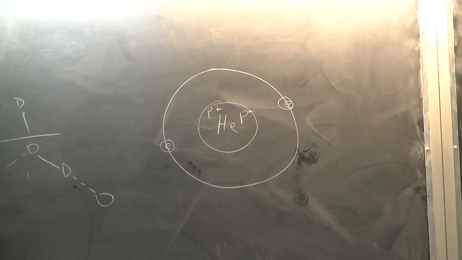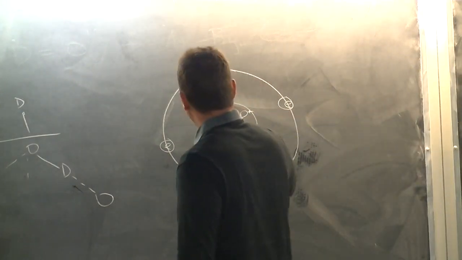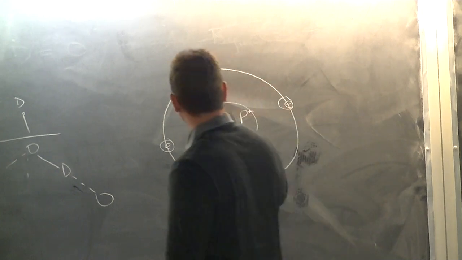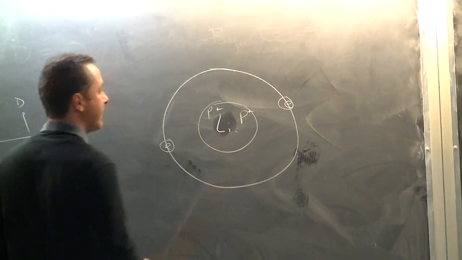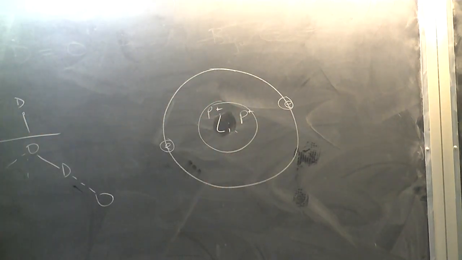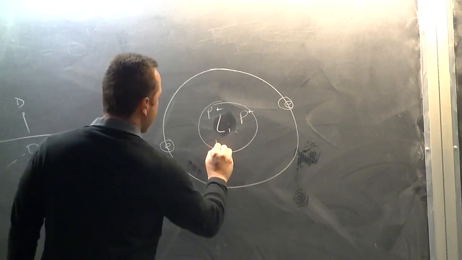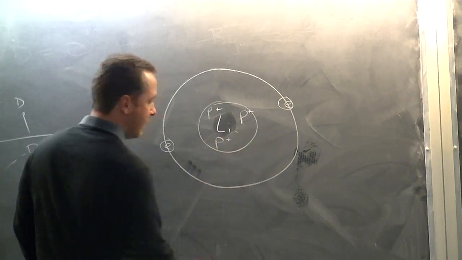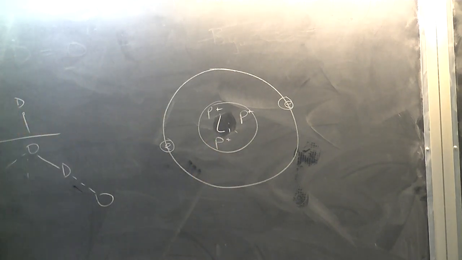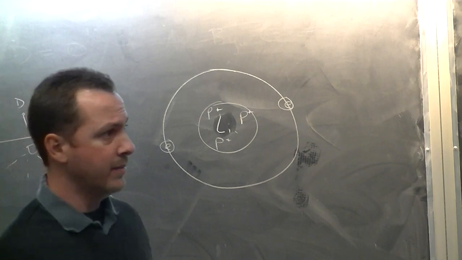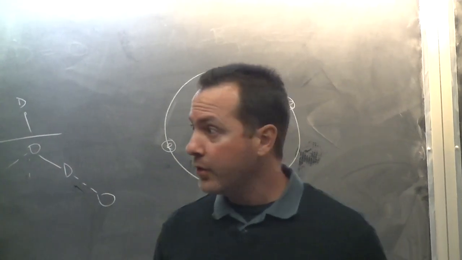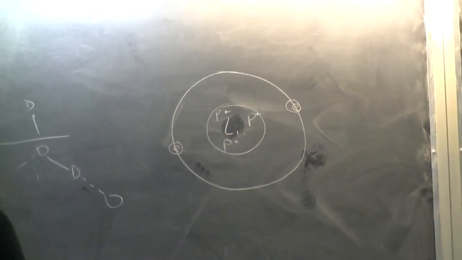For example, lithium. Lithium has 3 protons. But the 1s orbital can only be occupied by 2 electrons, right? So where is the 3rd electron going to be? In the 2s orbital, right?